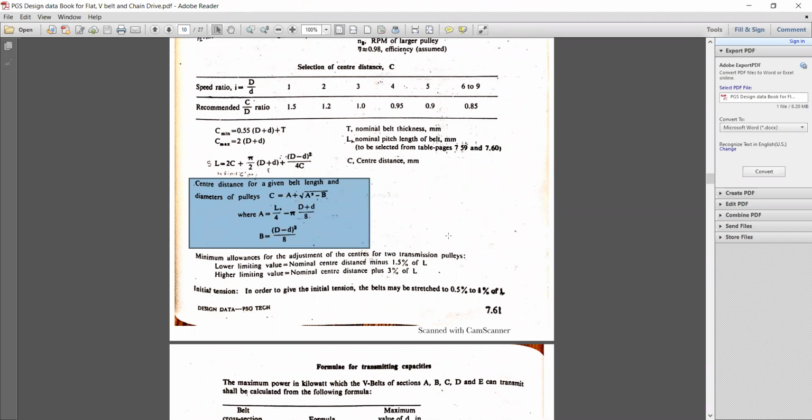C is equal to a plus square root of a square minus b, where a is L by 4 minus pi (D plus d) divided by 8, and b is equal to (D minus d) square divided by 8.